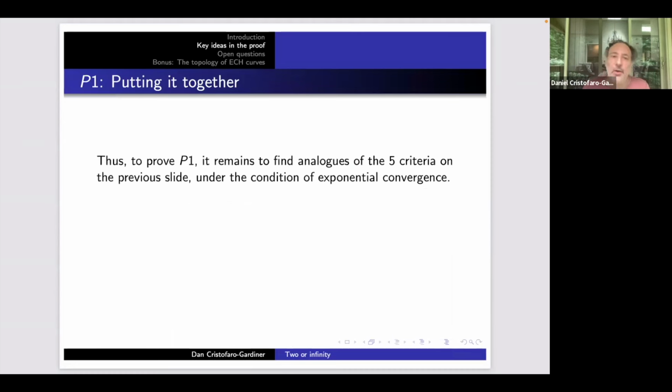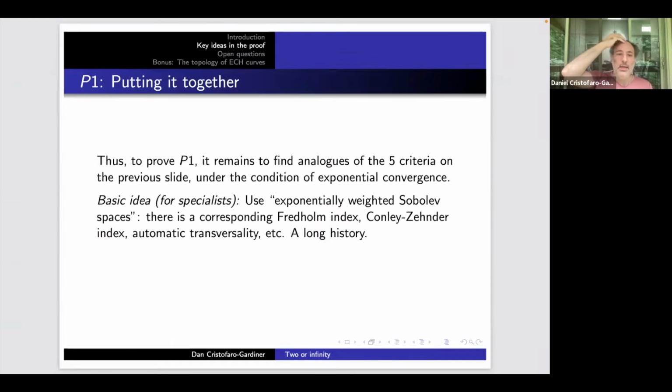So, for time reasons, I'm going to be a bit impressionistic with the rest of P1. Now what I'm saying is, under the condition of exponential convergence, I need to find analogs of those criteria. The basic idea is that this is not so hard, as long as you have the exponential convergence, because you can use a rather well-known technique called exponentially weighted Sobolev spaces.